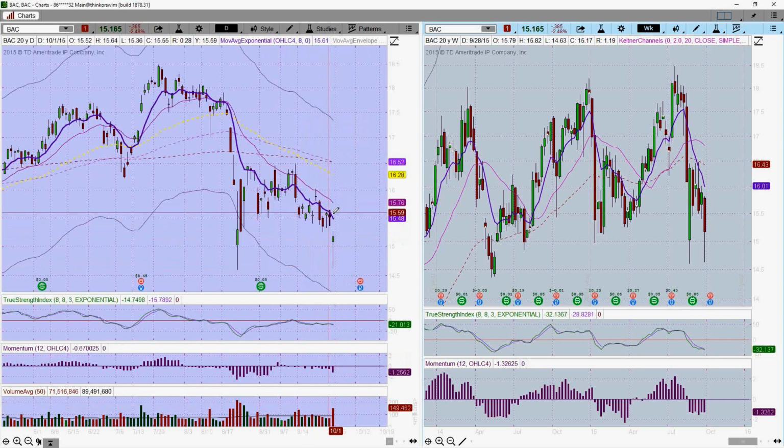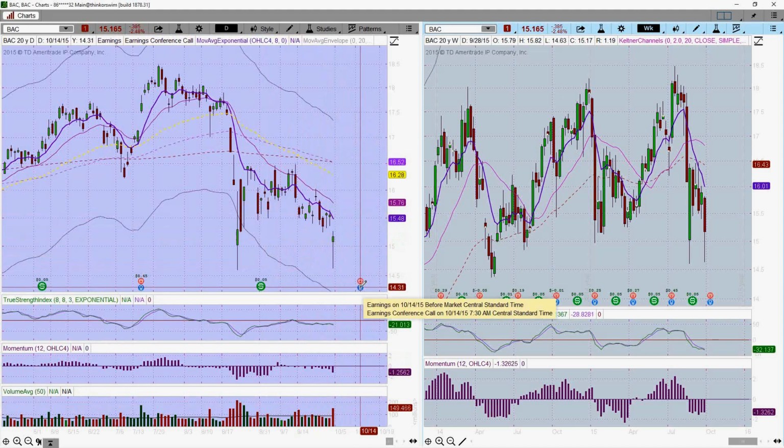Now, is it going to get back above the 8? We'll see. And again, this is maybe one you want to go to the intraday chart if you're interested in trading, but this is a low, and be aware it has earnings on the 14th.